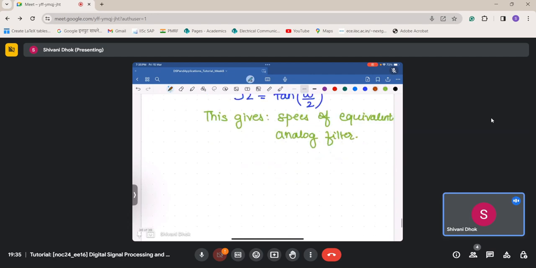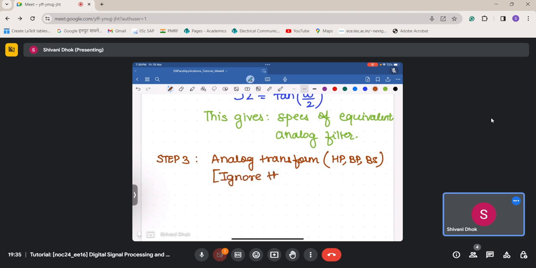Then we have step 3. This is the analog transform, and this step is for high pass, band pass, and band stop filters, and we need to ignore this step if the filter is low pass.